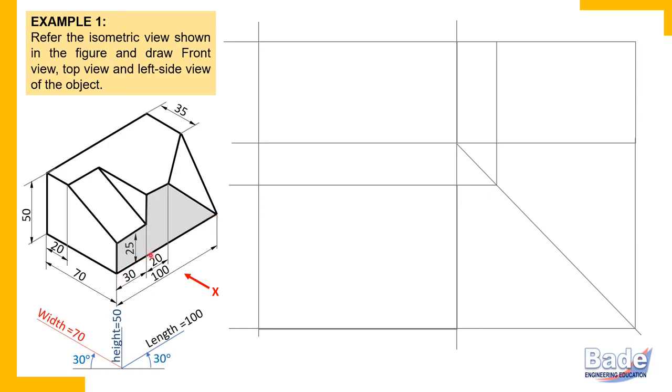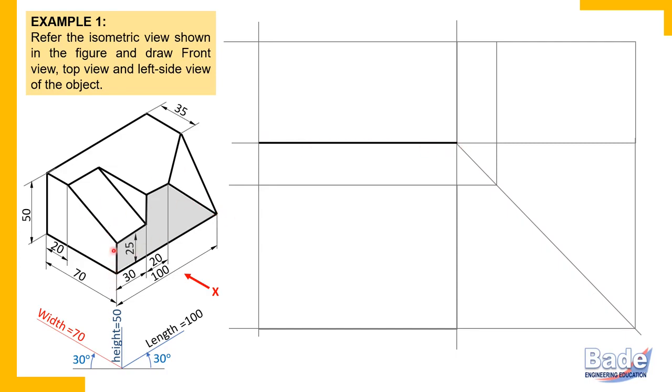Now principal edges. So we'll draw principal edges. This edge is parallel to length, and in the front view length is horizontal. This edge goes from left end to right end. This is how I have completed the edge. So this is a principal edge at the base, at the bottom.